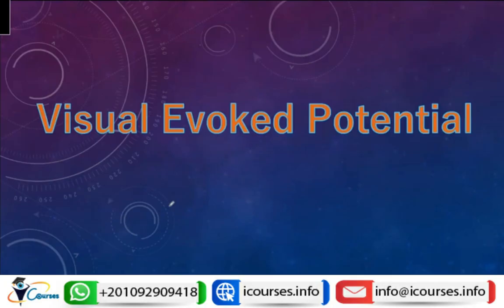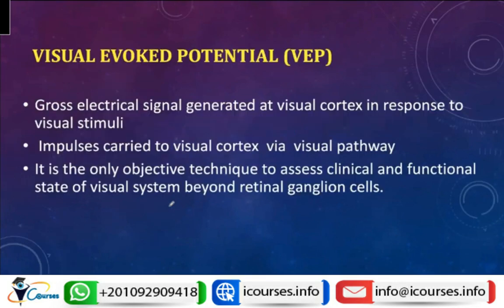Finally, we have what's called the visual evoked potential. So what is the visual evoked potential? All the previously mentioned electrophysiological studies measure the electrical potential in the retina, but nothing outside the retina.